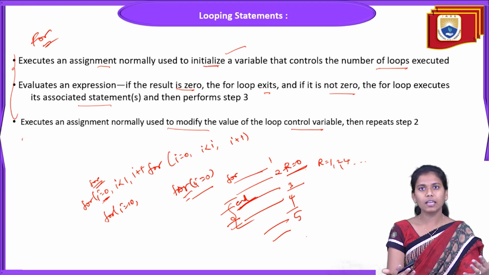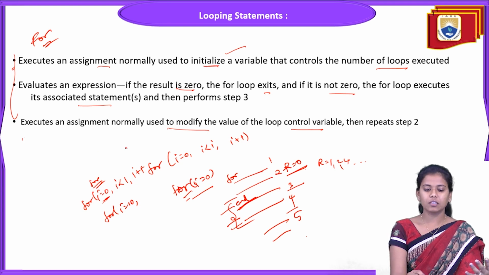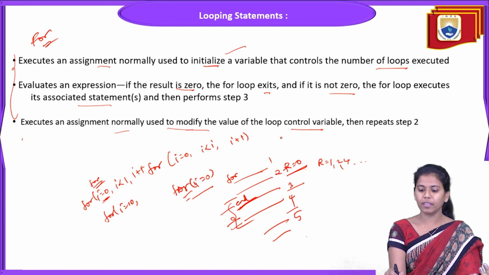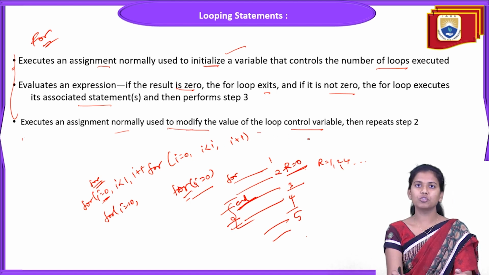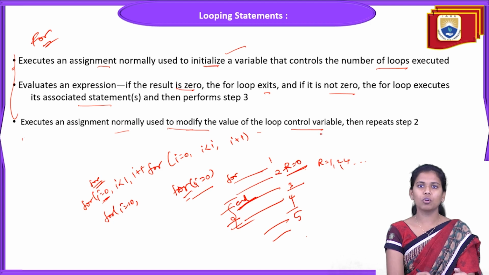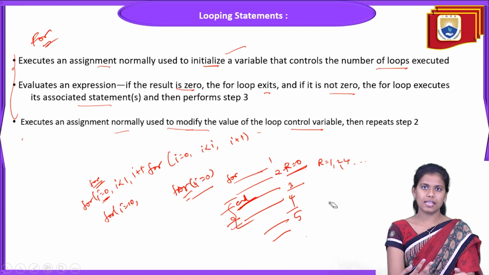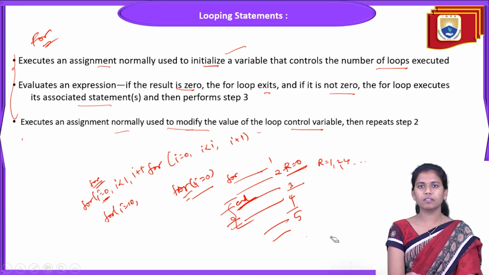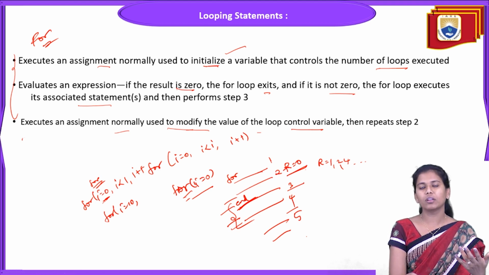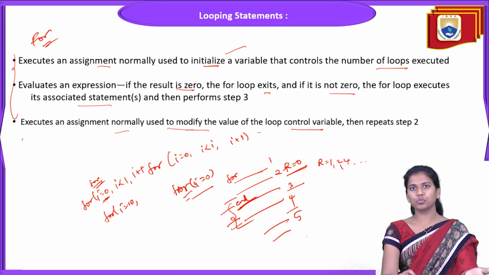And the third step is that it executes an assignment normally used to modify the values in order to control the loop variables. So there's a chance of modifying the values as well. These are the 3 things we can use when we choose the for loop.